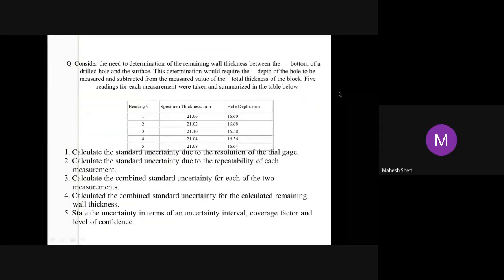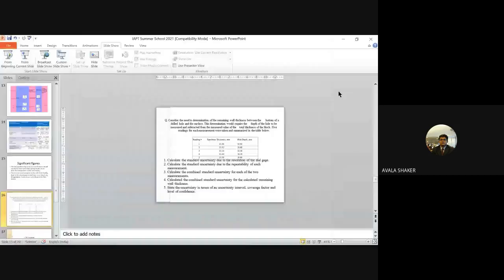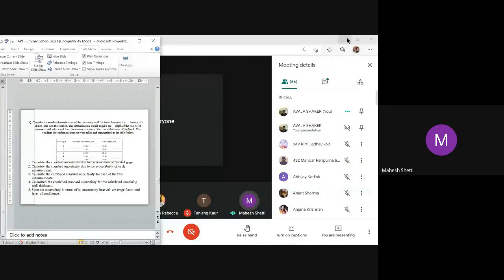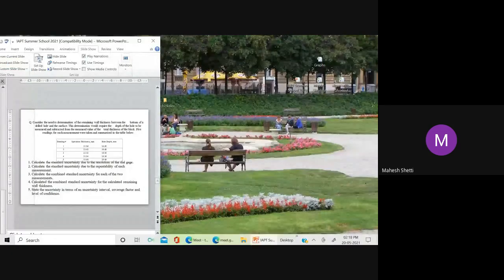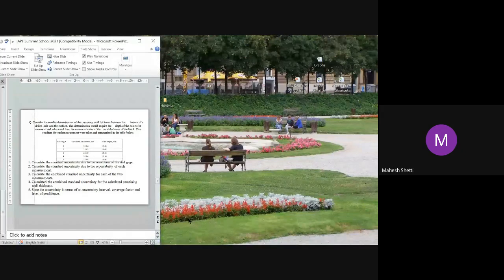There is a question: why is standard uncertainty different from half of the least count, and how do we get those formulas? Those formulas are given by statisticians, but what is the physical interpretation of that?